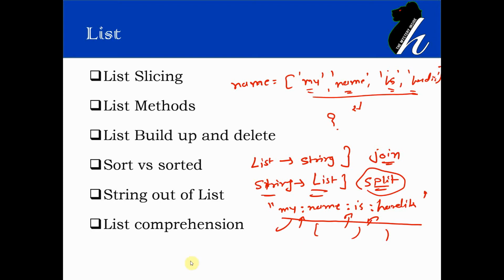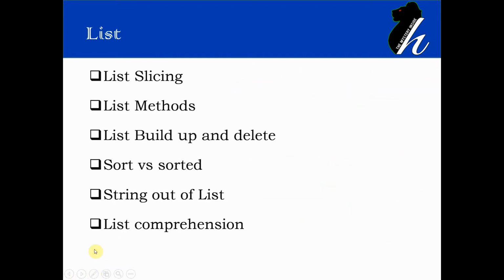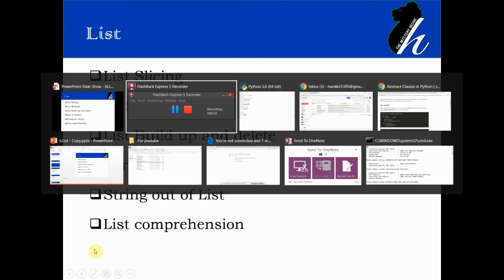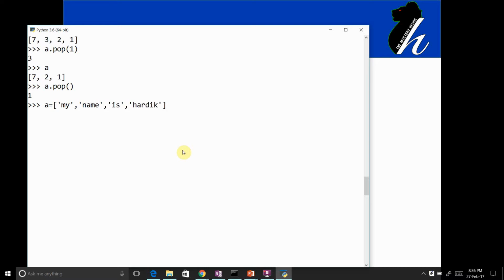Okay, so let me explain this join and split. How does it work with Python? Let us try to understand practically. Let's say I have got one list, a equals to my name is Hardik. Now if I wanted to generate a string out of this, then the string will be stored into the b variable.